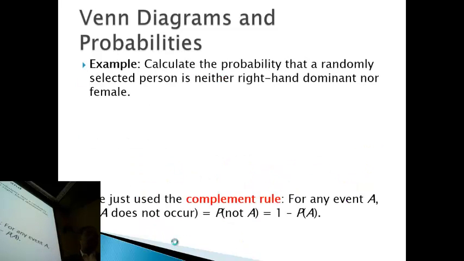Next one, okay. It says here, calculate the chance or the probability that a randomly selected person is neither right-handed dominant nor female. Who am I talking about? Neither right-handed dominant nor female.